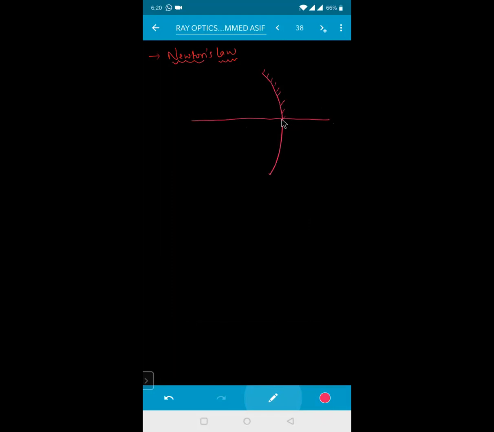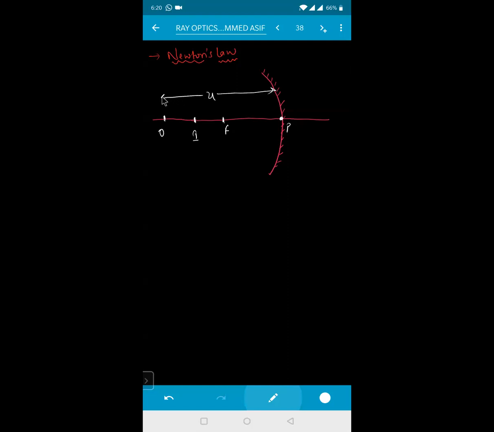The object is kept somewhere here. This is your object and this is your focus, that is F, and this is the image formation, that is I. From the pole of this mirror, the object is at a distance of u.